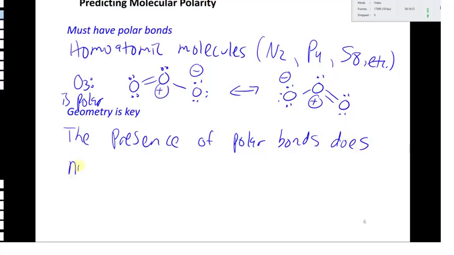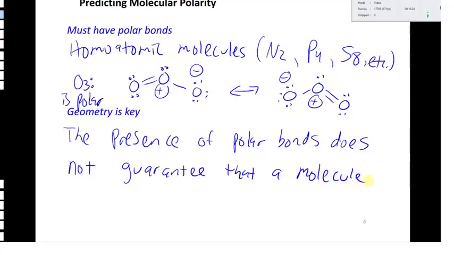So that's where the geometry comes into play. In most cases, you're going to have to think about the geometry of the molecule and then decide what that says about its polarity.